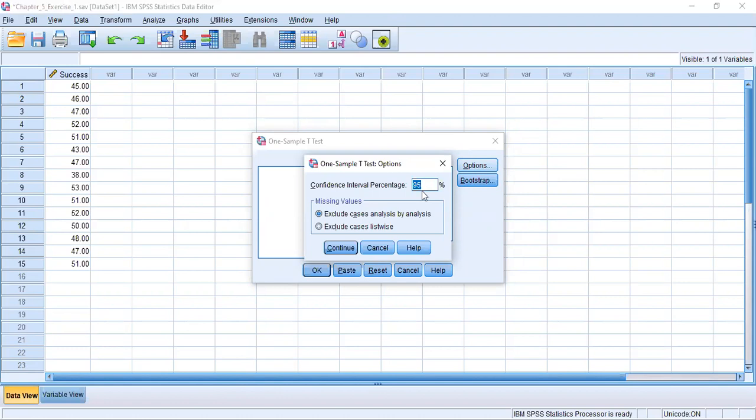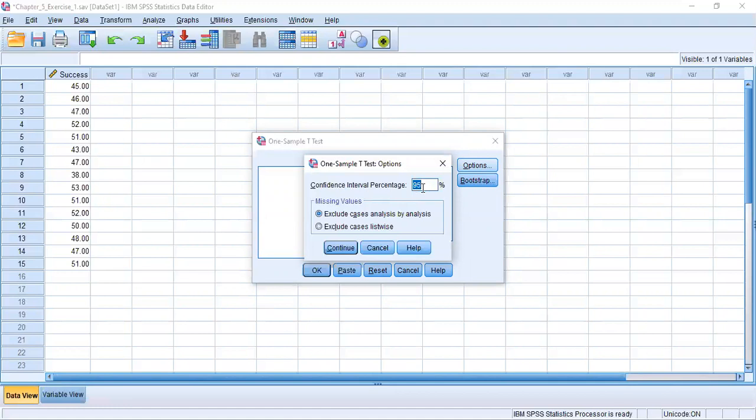Significance is 5% or 0.05, meaning that the confidence level is 95%. Had alpha been 2% or 0.02, we would have mentioned this confidence interval percentage as 98. Or had alpha been 0.01 or 1%, this confidence interval percentage would have been 99%.